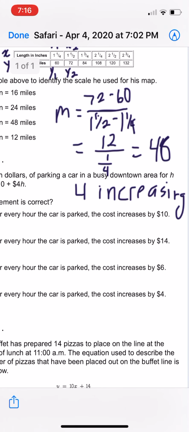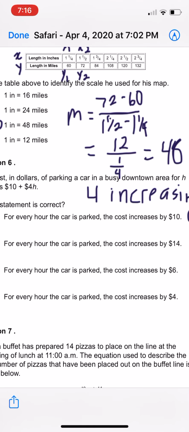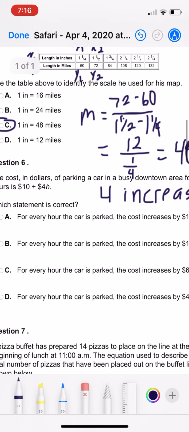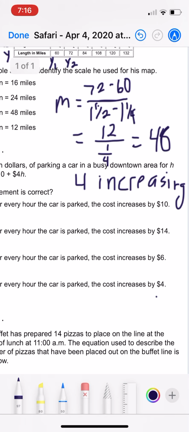So we have to see where it says that it's increasing by 4. And I found it right down here in choice D. It's the only one that talks about our slope, which is 4, and about it increasing.